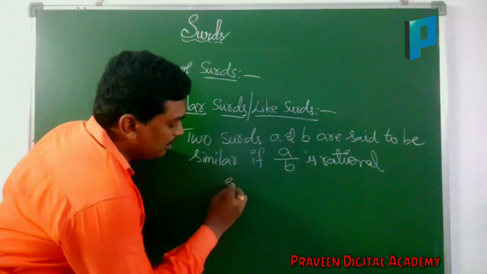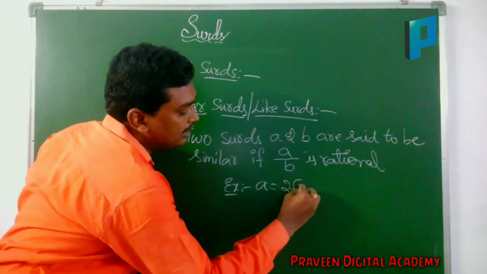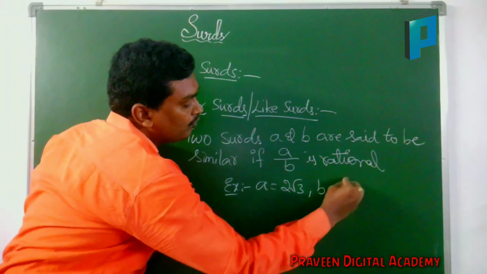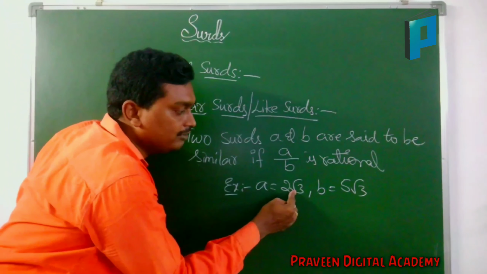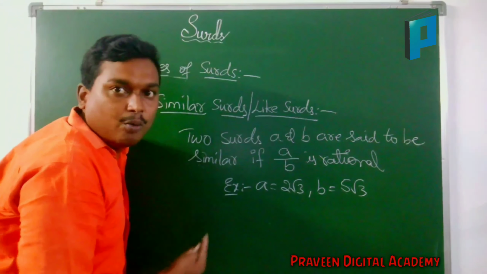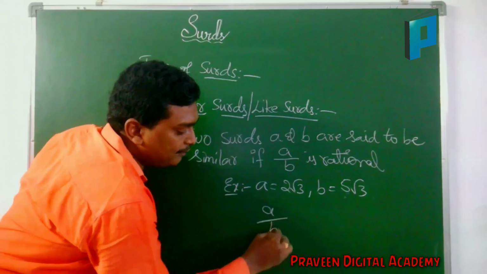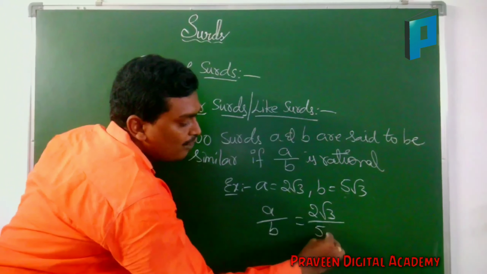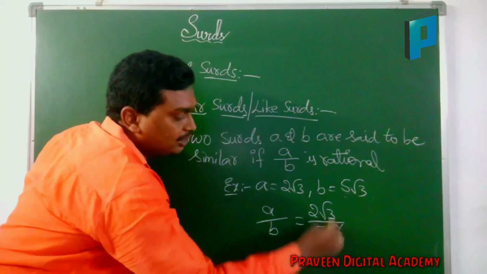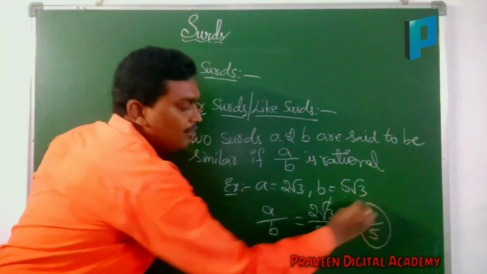For example, if we are having A is equal to 2 root 3 and B is equal to 5 root 3, these are the two surds. Here 2 root 3 is one surd, 5 root 3 is one surd. If you are dividing A by B, 2 root 3 by 5 root 3, this root 3 gets cancelled and we get 2 by 5.